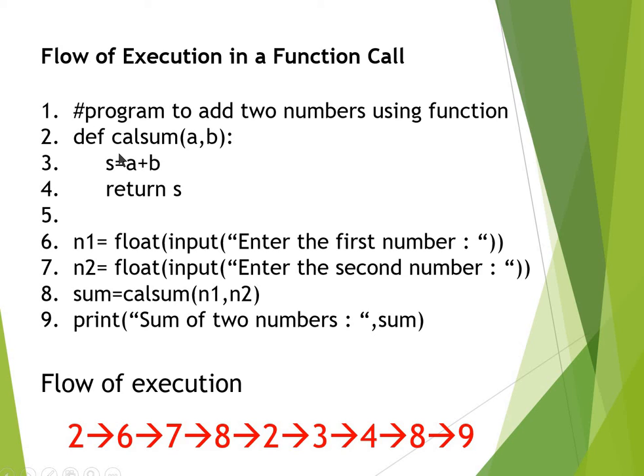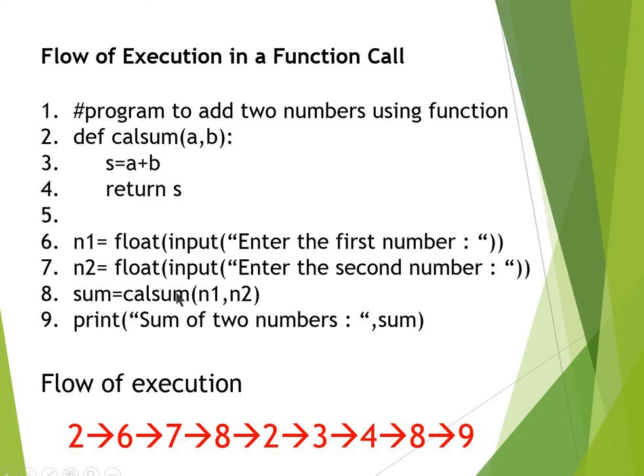So first it looks at line 2. It is a def statement, so it will not execute. It will come to the main. Then 6 will be executed: n1 is equal to float, it will receive the input for n1. Statement 7 will receive the input for n2. Then at 8 you are calling the function sum.